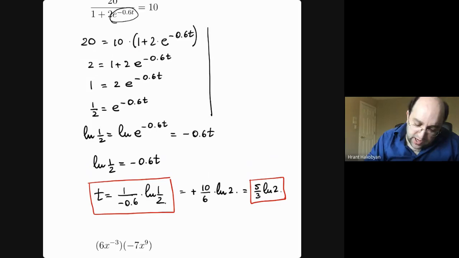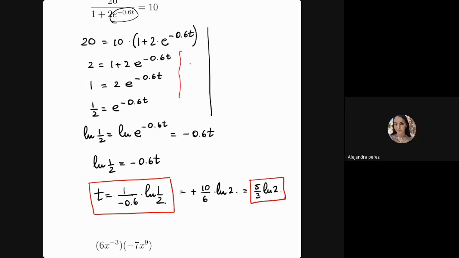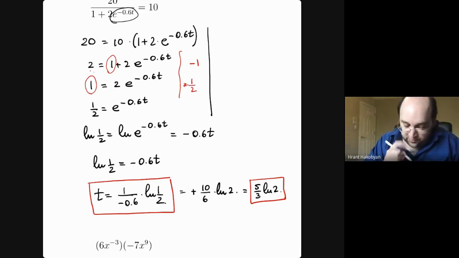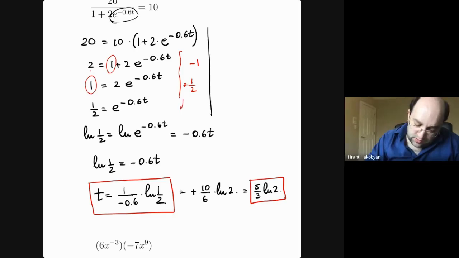So you subtract 1 from both sides. You get rid of this one here, and then you get 2 minus 1. So you get this one here. And then you divide by 2. Multiply by 1/2. You get this one.